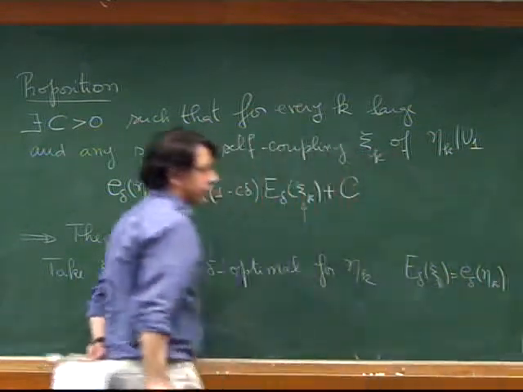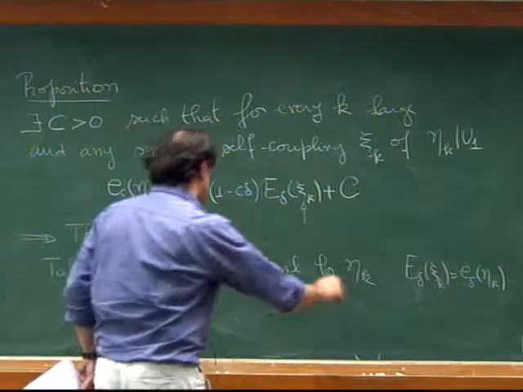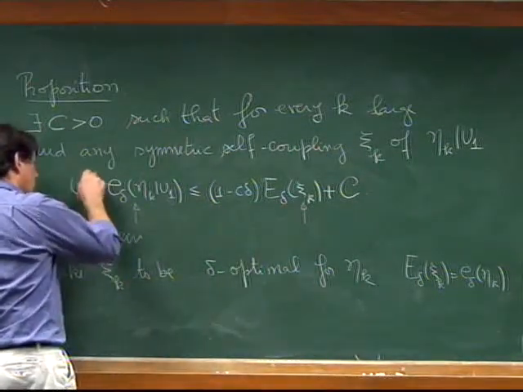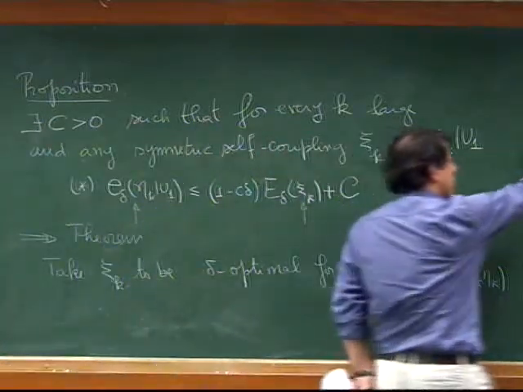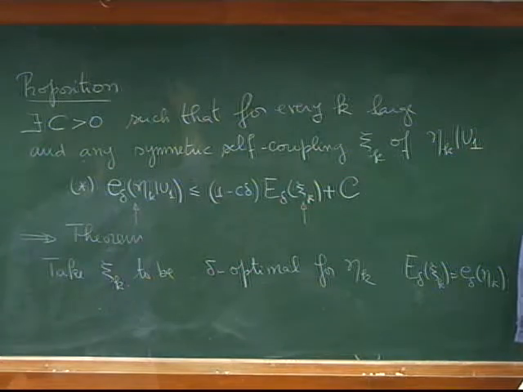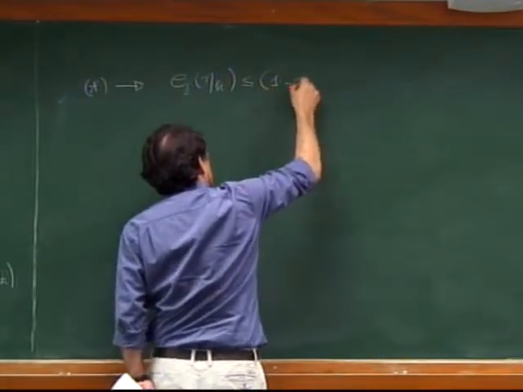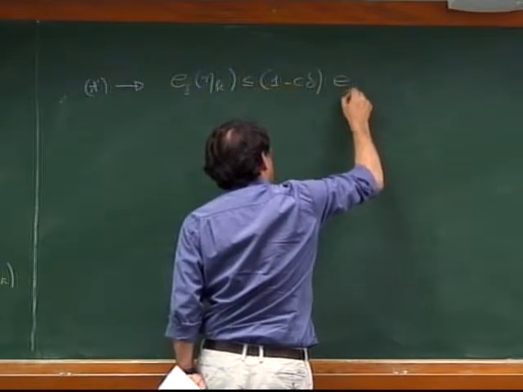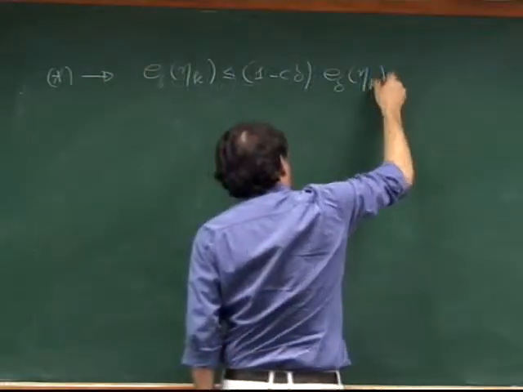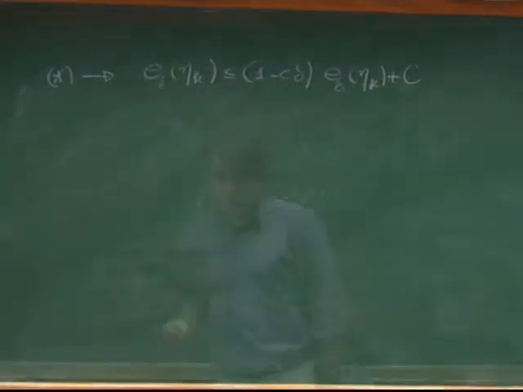And if I do that, then this inequality becomes that the energy of eta k is less than 1 minus c delta itself plus a fixed constant.